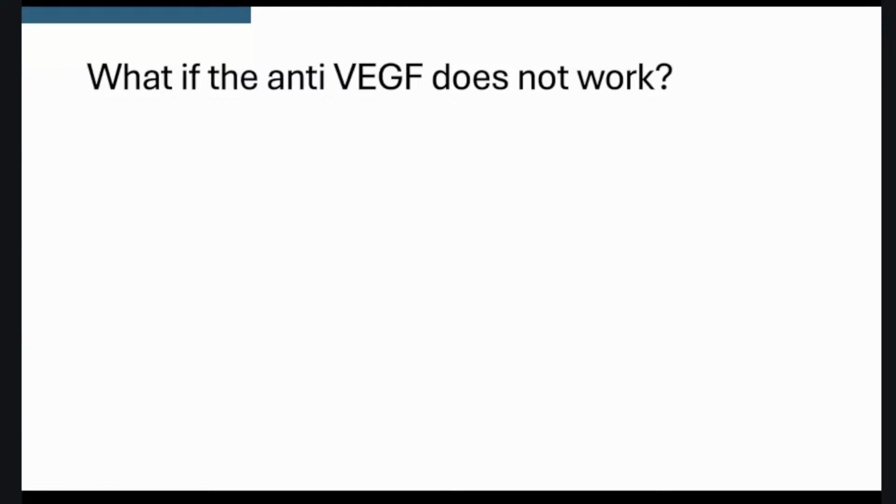And so you give the anti-VEGF and the patient doesn't respond. So what do you do if the anti-VEGF doesn't work? Not all anti-VEGFs work for everybody. And the literature has shown us that 40% of patients don't respond to first-line anti-VEGFs. And the first thing we need to make sure is that we're actually giving the patient enough time to respond. So just giving one anti-VEGF and then saying that the patient didn't respond is usually not enough.